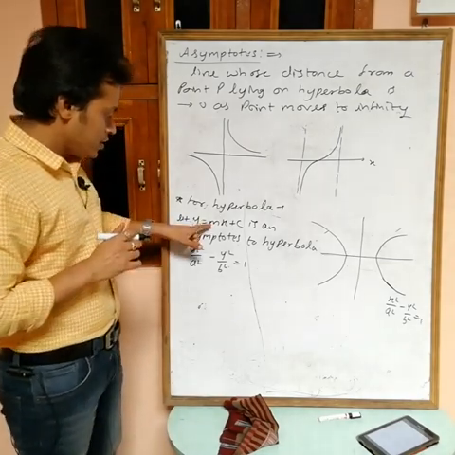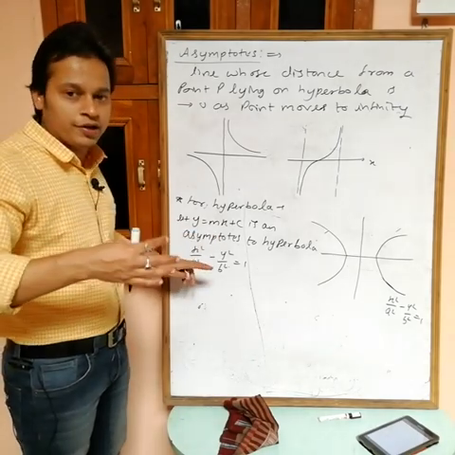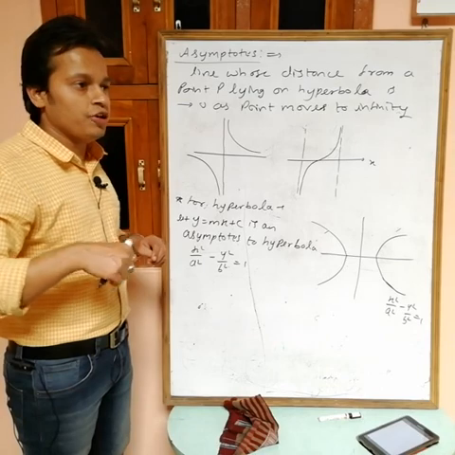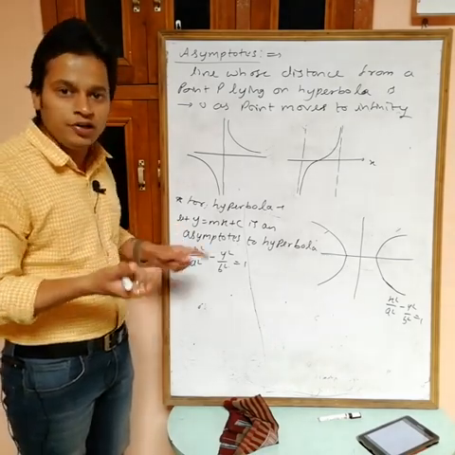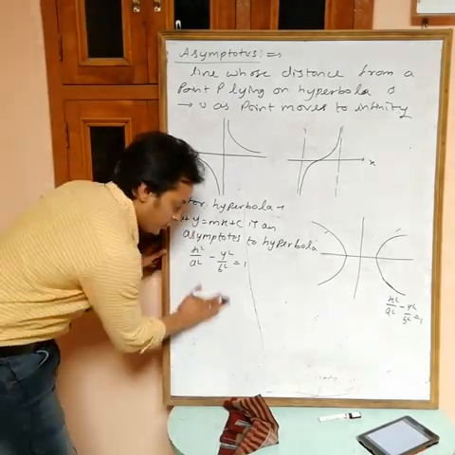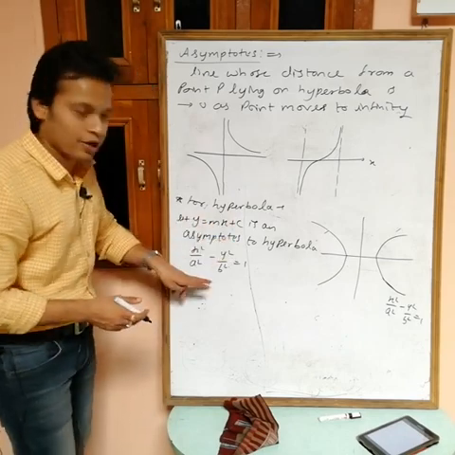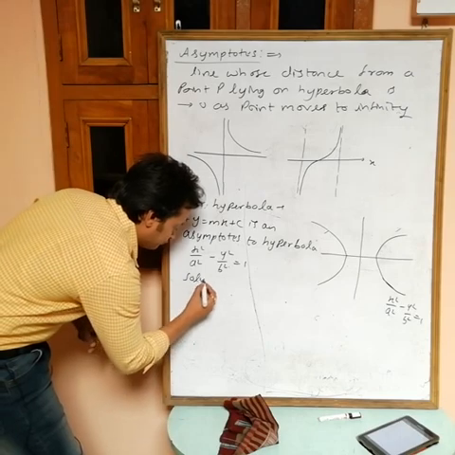Now if this is the asymptote for this hyperbola, then this must touch the curve at infinity. It means the point of intersection lies at infinity, which means roots lie at infinity when we solve this. So solve these two equations to get the asymptote. We want conditions on m and c so that this line becomes an asymptote. So solve both.